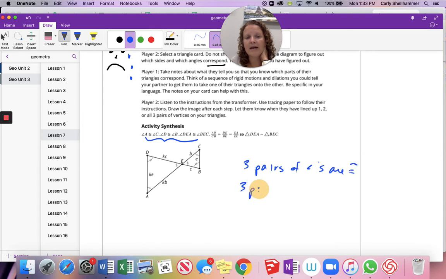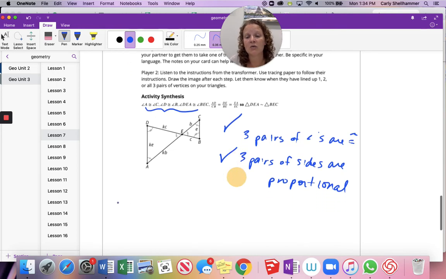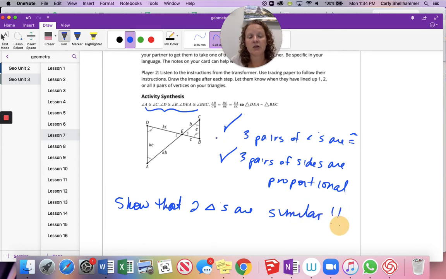And I also know that 3 pairs of sides are proportional. Those are the only things I need to know to show that 2 triangles are similar. So it's really important to show that the 3 pairs of angles are congruent and the 3 pairs of sides are proportional. I can show the fractions just like I did in the previous lesson. Therefore, I can say that the triangles are similar.